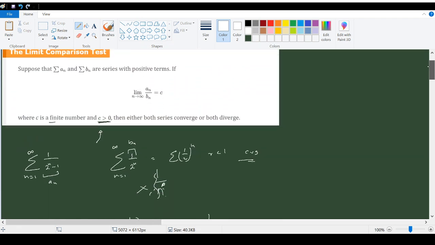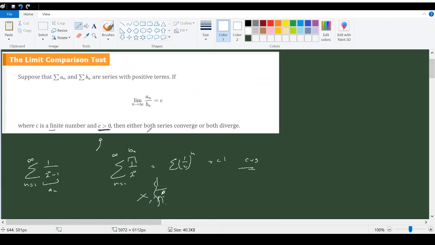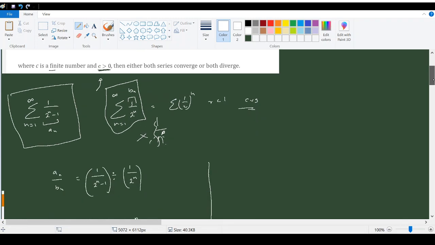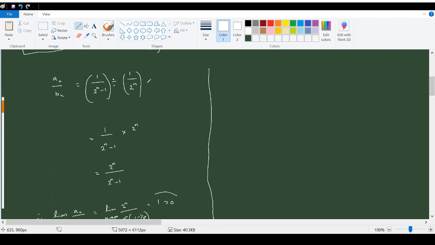Then from the limit comparison test, both series converge or both should diverge. That means now we already know that this series will converge. Therefore from the limit comparison test this series will converge. And the good thing here is that it doesn't really matter whether you take an divided by bn or bn divided by an, because in both ways you should get the same result.